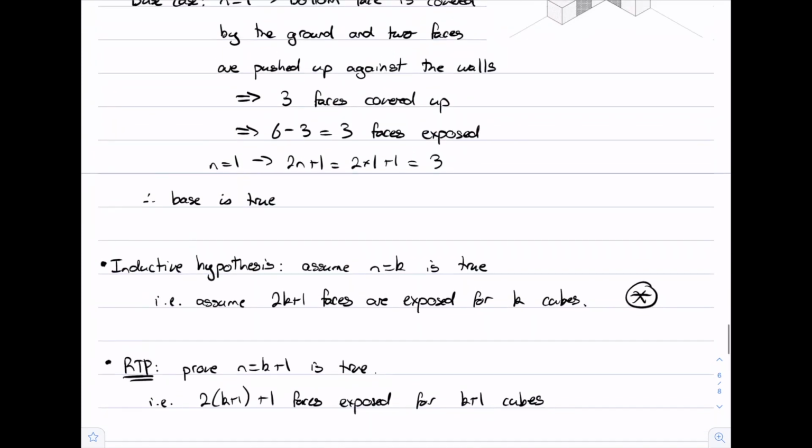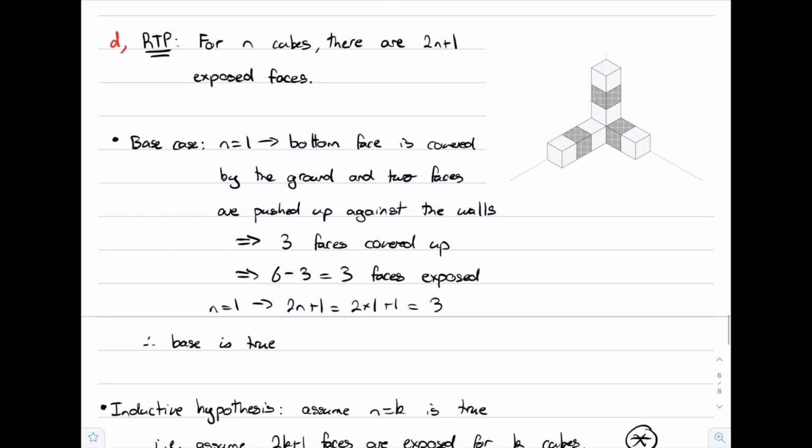Well, let's have a look up at our diagram here. If I was to add a cube next to this one here, so I'm adding a cube here, what happens? Well, when I push it up against the cube that's already there, this one, you can see that this face here is going to become covered by the face of the cube which I push it up against. So we're taking away one of the faces that's already there.